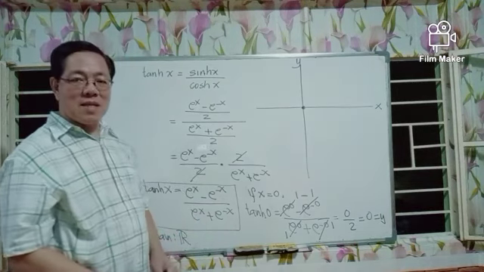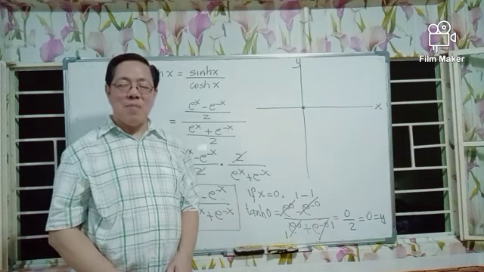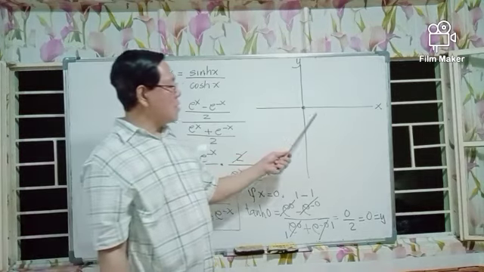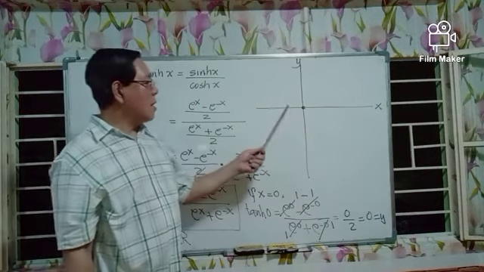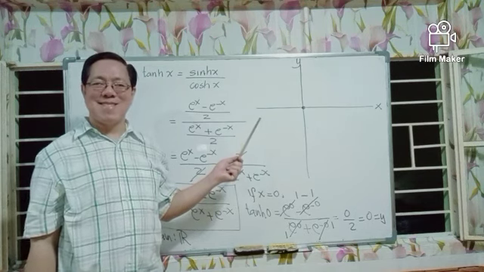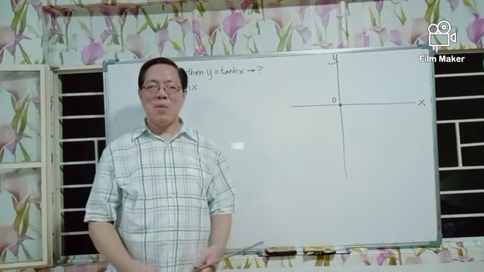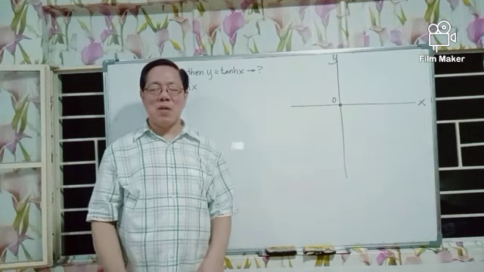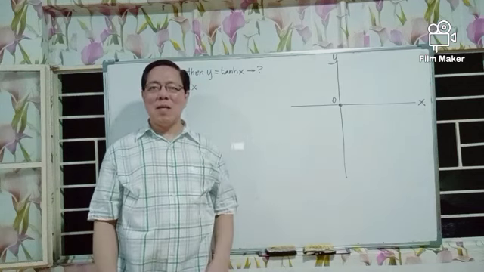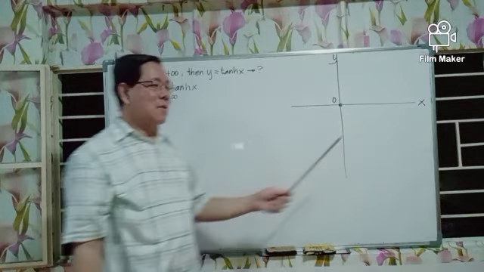Now we will investigate, as with the first two hyperbolic functions, what happens to the value of the hyperbolic tangent of x if x approaches positive infinity and if x approaches negative infinity. As I said earlier, we now investigate what happens to the value of the hyperbolic tangent of x or the value of y if we let x approach positive infinity.